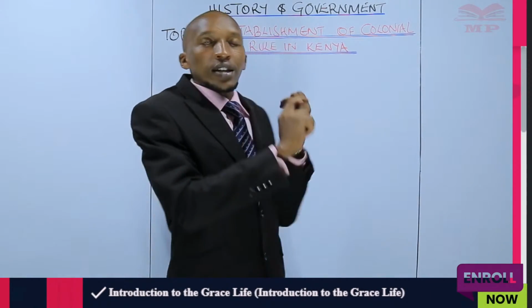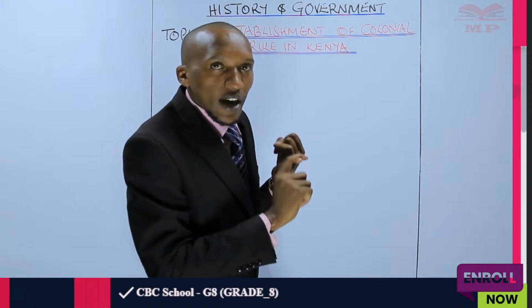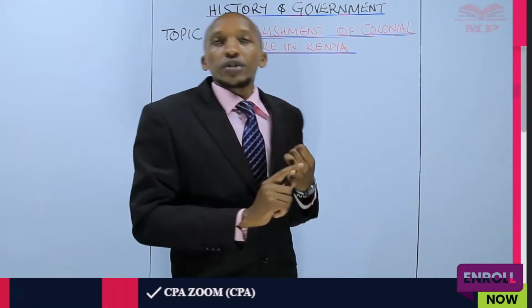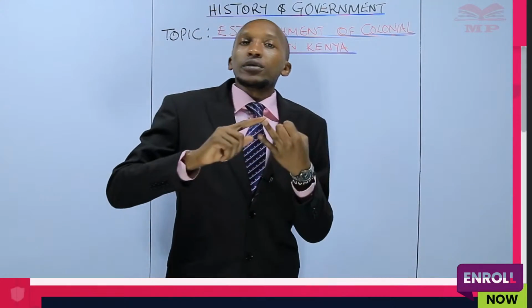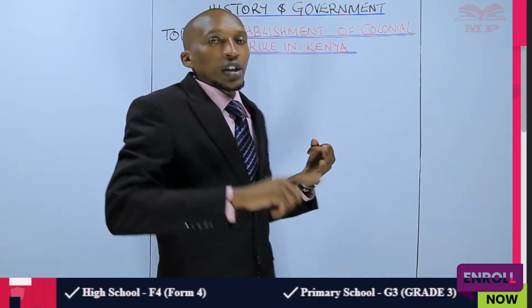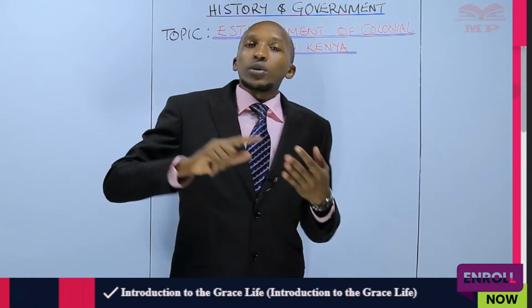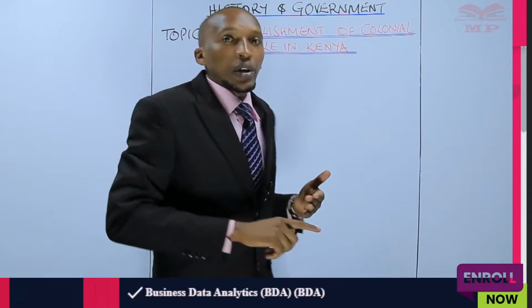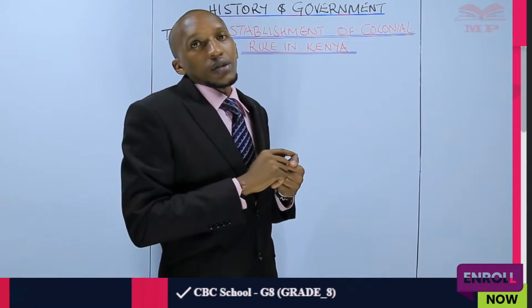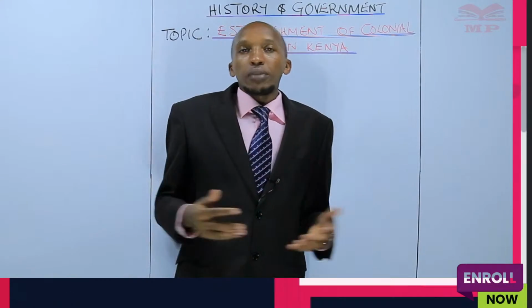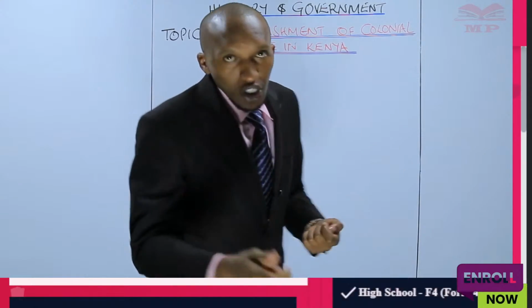Which are they? British, very good. We have the French, very good. We have which other? We have the Italians, we have the Germans, we have the Belgians, right? These are some of the powers. We had Portugal, some of the European powers that came to get colonies.